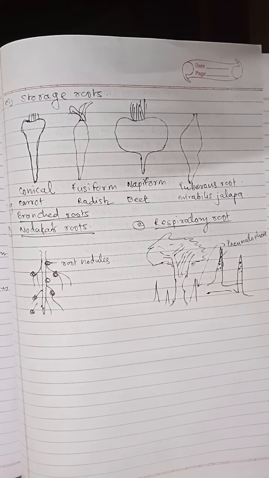In these nodules, there live some bacteria which are able to fix atmospheric nitrogen and supply it to the host plant in the form of amino acids or amino compounds. This fact is of great importance in agriculture and in the maintenance of the nitrogen cycle.